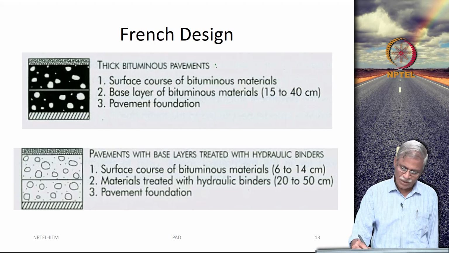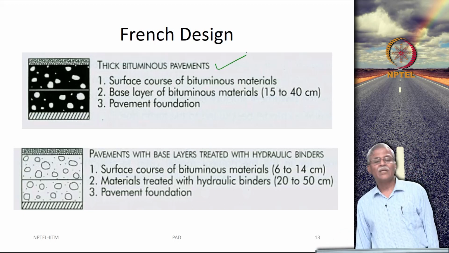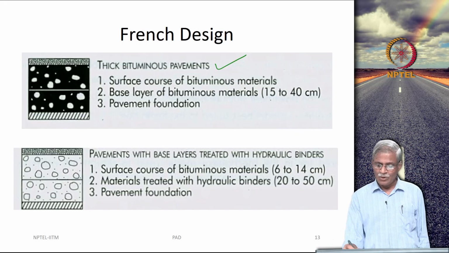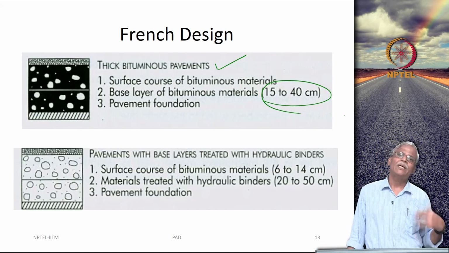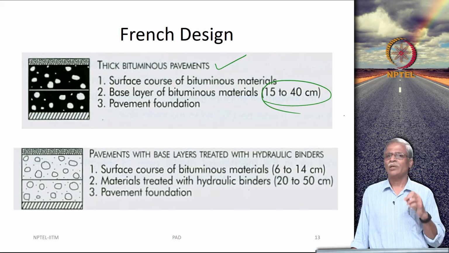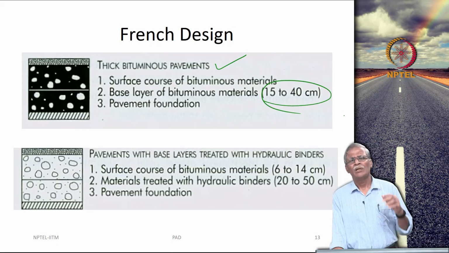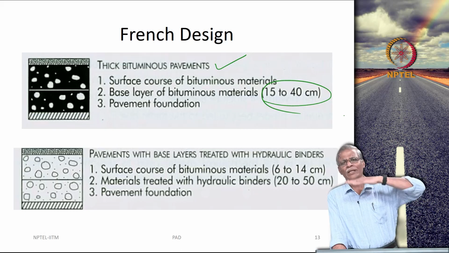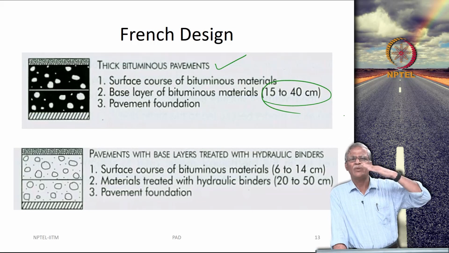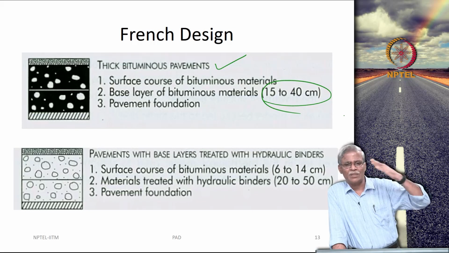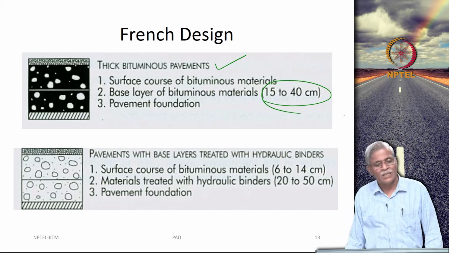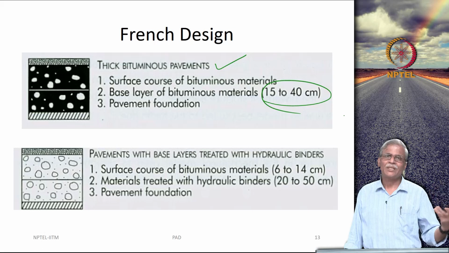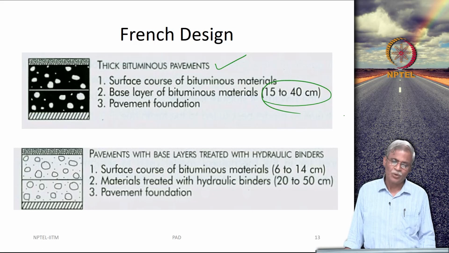There is also what is really called a thick bituminous pavement. Now, this thickness can go as high as 40 centimeters. Within the Indian context you should be able to appreciate it, because if you add up the total bituminous layers, we normally do not exceed 15 or 16 centimeters, whereas these people want you to provide something like 40 centimeters, more than twice as much as normally is produced.